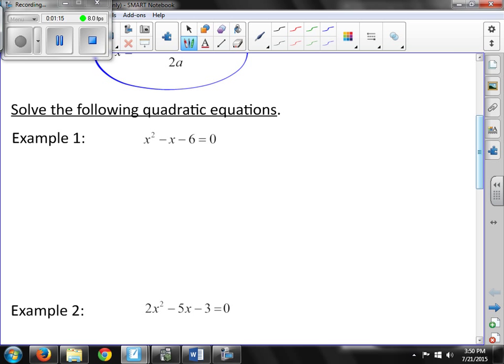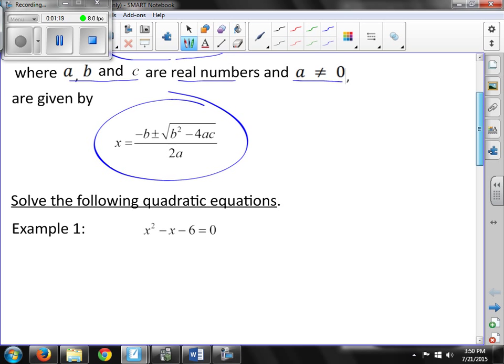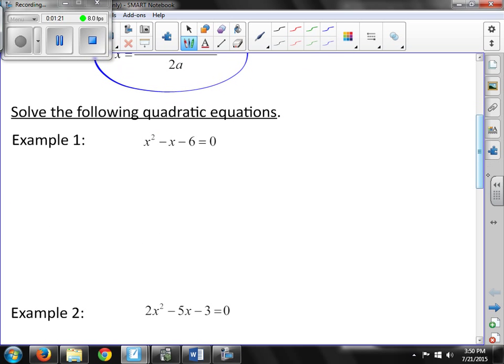Now, where does the a, b, and c come from in this formula? Well, it comes from the coefficients of the variable x. So this one is understood to be 1, so we'll say that a is 1, and that b is negative 1, and that c is negative 6.